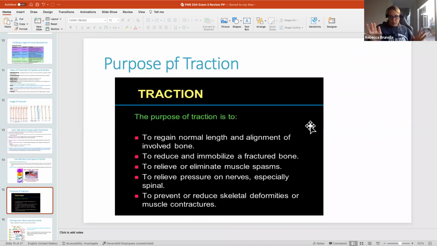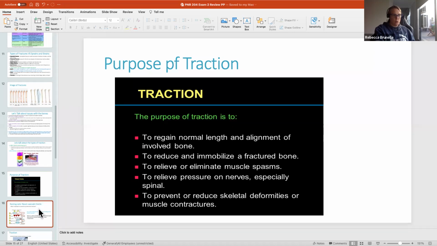But regardless of the limb that's placed into traction or what the purpose of the traction is, there are some basic principles that you need to think about. It immobilizes an extremity or a fractured bone, and you do it to eliminate muscle spasms and to relieve pressure on nerves, and it can also prevent or reduce skeletal deformities. And there are certain things that you do as a nurse.